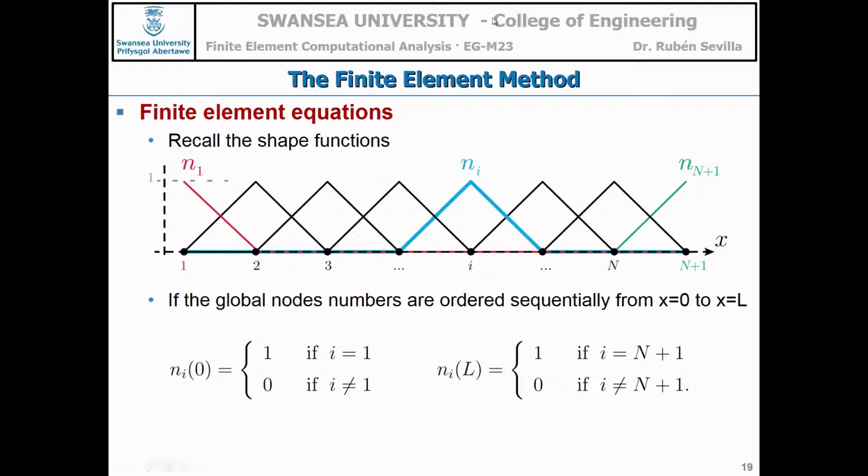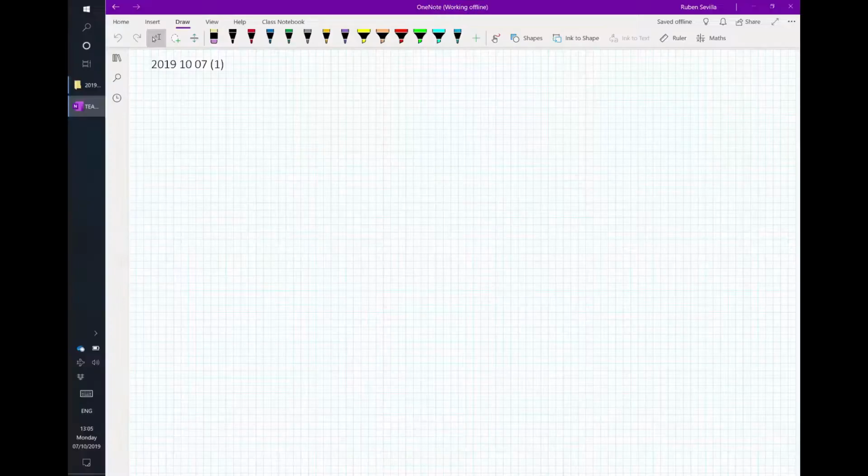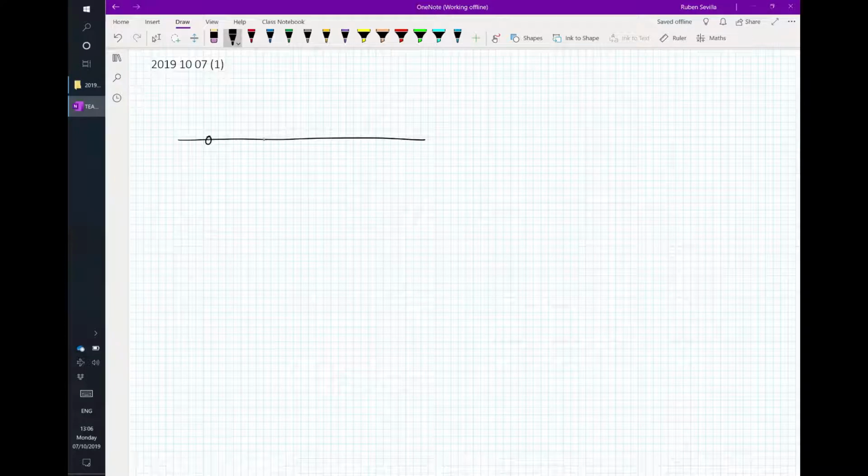Right. Look at one element. One element is, for example, in between node, let's go here, because the nodes have a number. Between node 2 and node 3. I can even plot it, if it's going to be easier to visualize. So I have my mesh, I have some nodes, right?